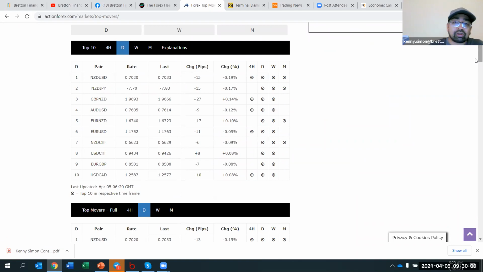So at this moment of time, if you look at this table right here, the ones that are in focus are actually New Zealand pairs. Okay, so you got New Zealand, New Zealand, New Zealand, but there's no New Zealand news, right? But then there may be Australian news. So New Zealand, they have always a reason why. Sometimes we cannot pinpoint exactly why the investors and the traders are focusing on certain currency pairs.